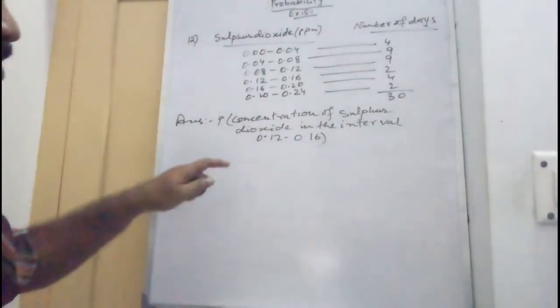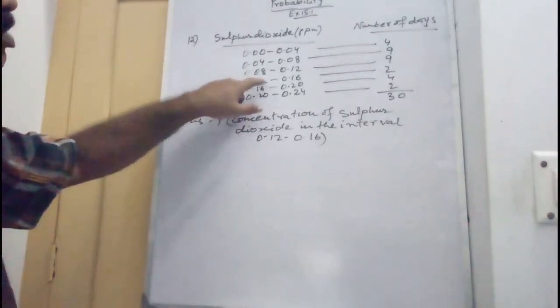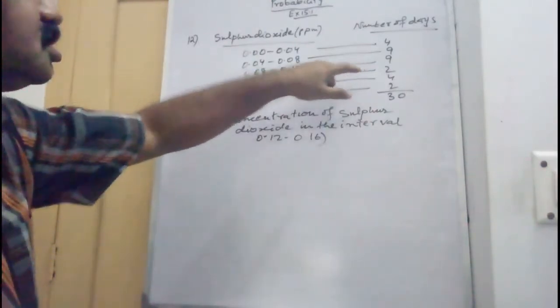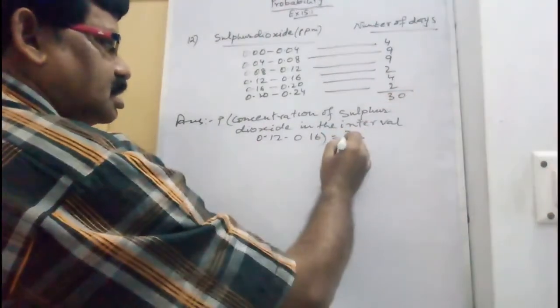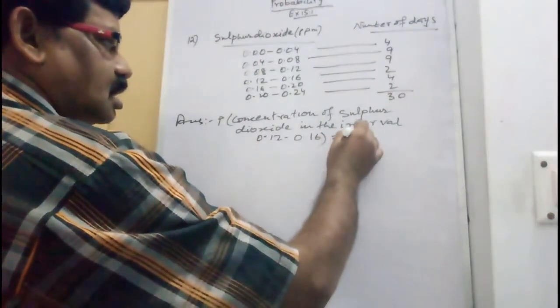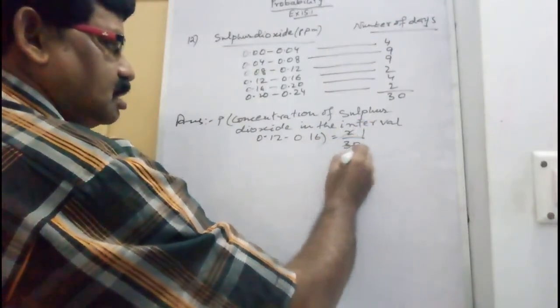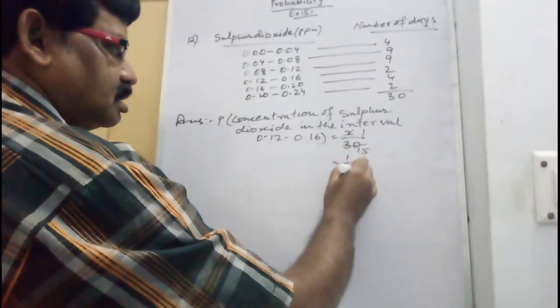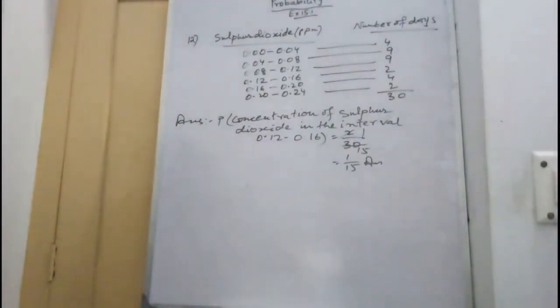You have to find the probability of concentration of this interval. There is 2. So 2 by total number of days, that is 30. Now divide, 1 by 15. So this one is the answer.